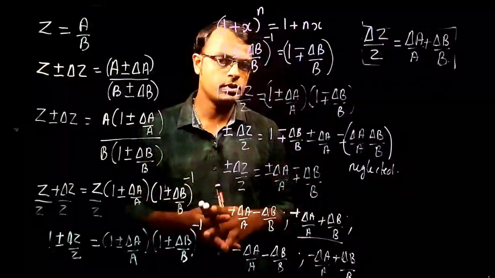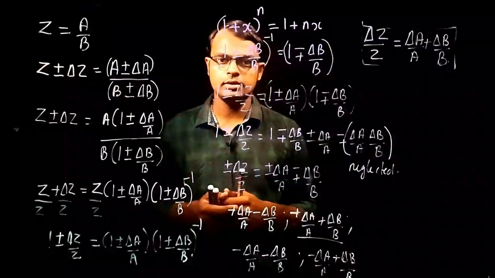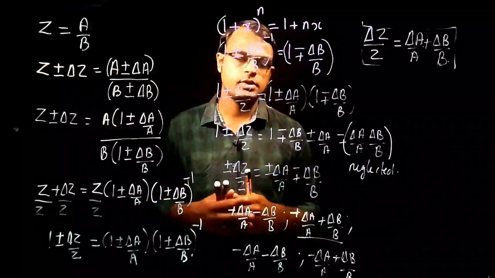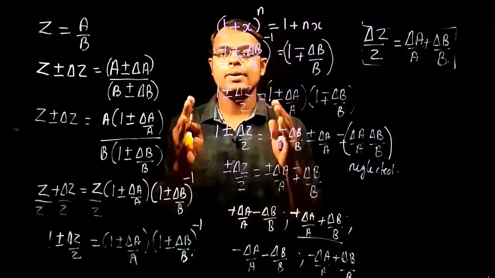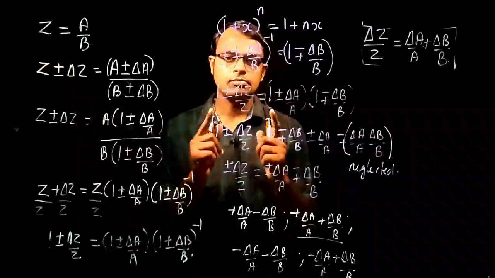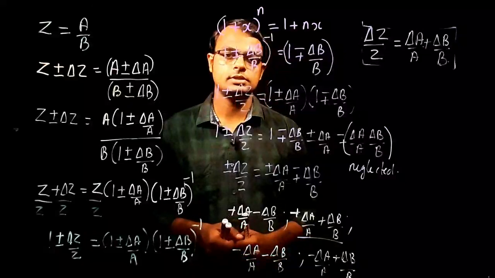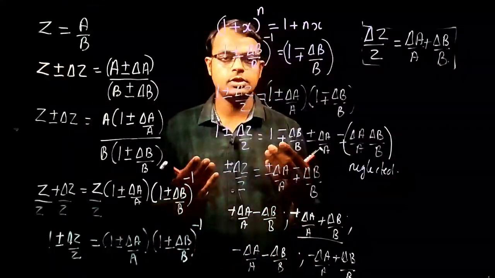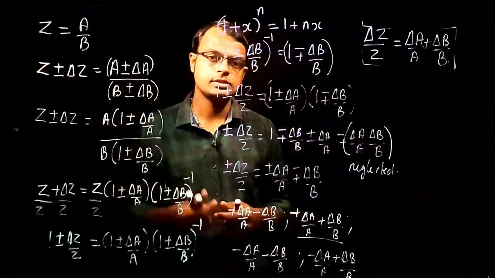Whether it is multiplication or division, the maximum relative error in the measurement is the sum of the relative errors in the individual measurements. This is the conclusion about the relative error concept in mathematical operations such as multiplication as well as division.